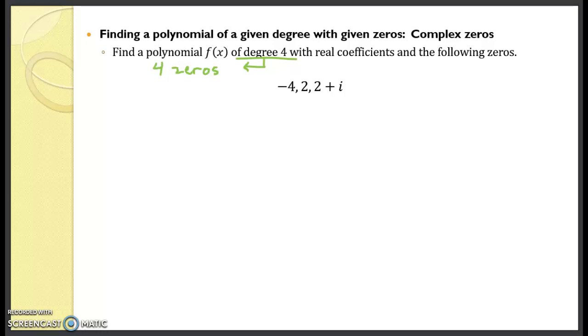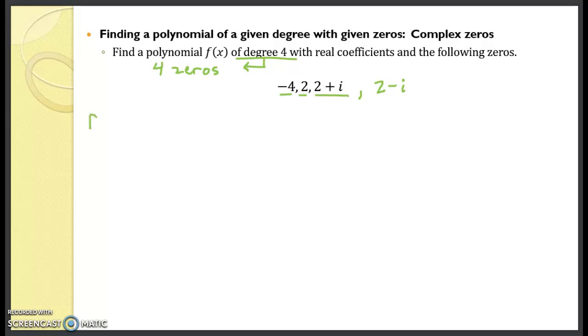Here I only have 2 zeros, -4, 2, and 2 plus i. But when I have a complex zero, the conjugate of my complex zero must also be a zero.